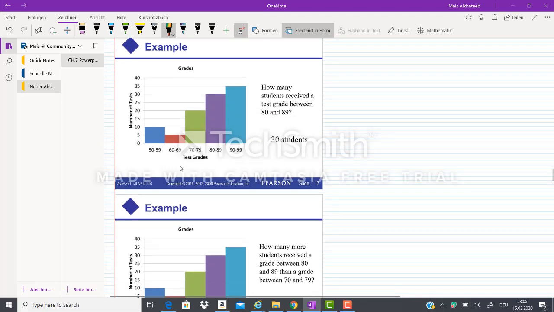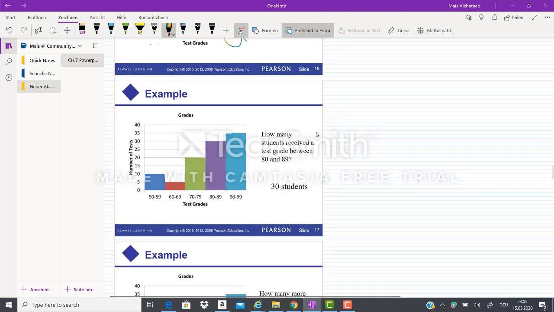Now, how many students received a grade between 90 and 99? We saw it, I have 35 students.